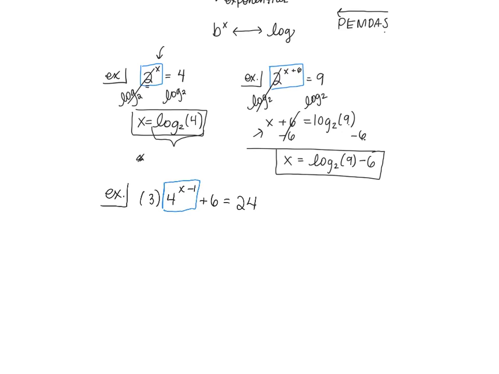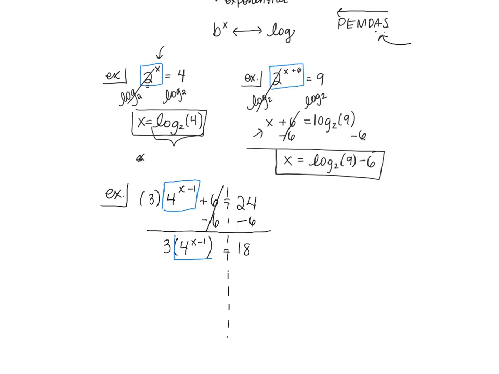So if I'm looking at PEMDAS backwards, so we're going to come back up here. I'm going to start with subtraction. I don't have any subtraction. Looking for addition. I do have that plus 6. So let's undo that first. I'm going to subtract 6 from both sides. And now I'm going to have, on my left side, 3 times 4 to the x minus 1 equals 18.